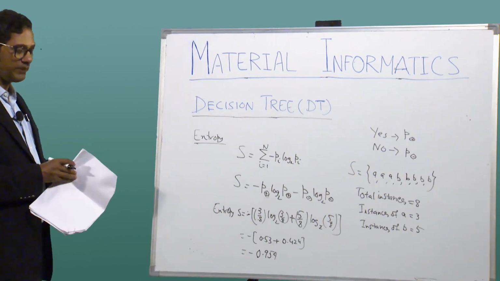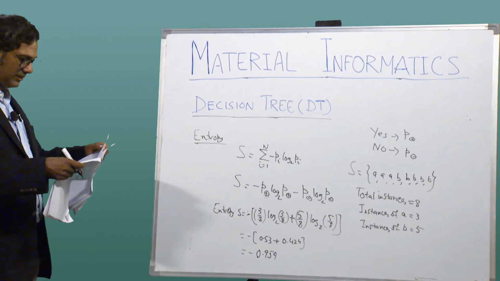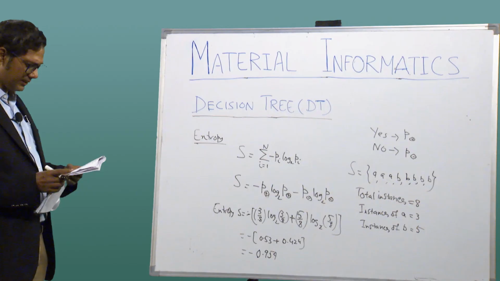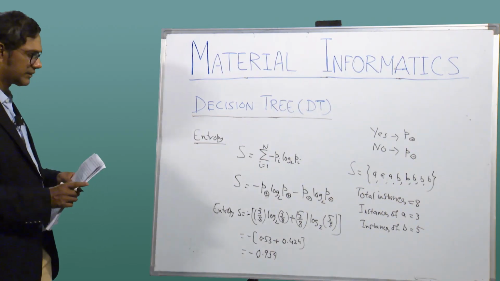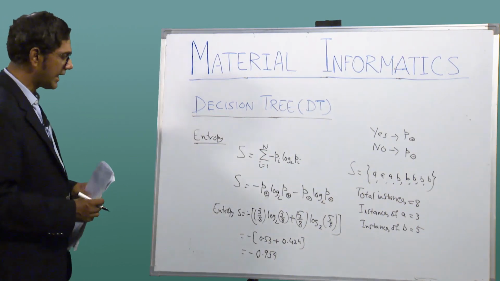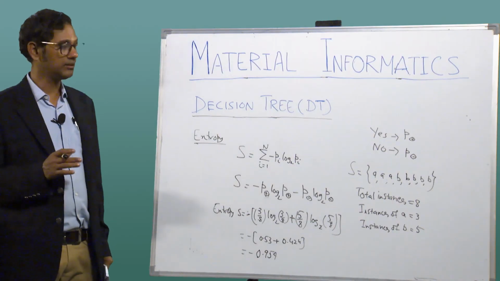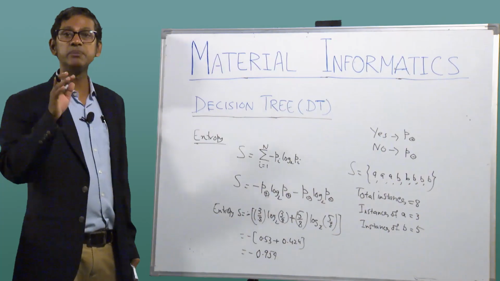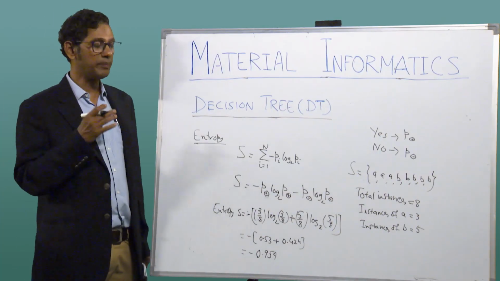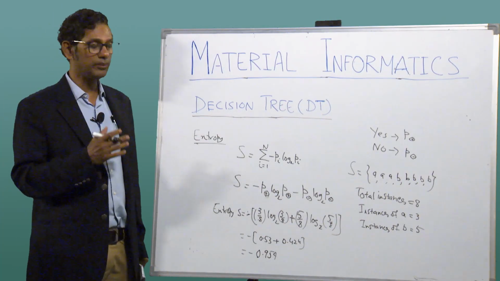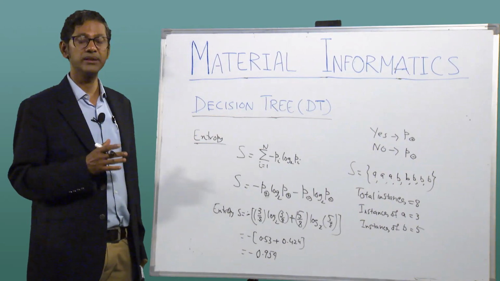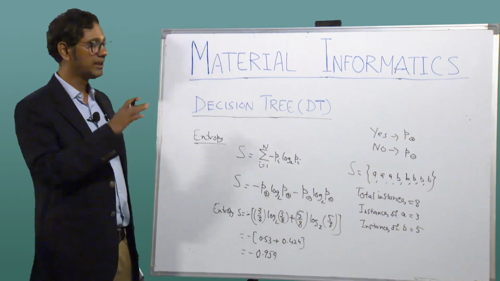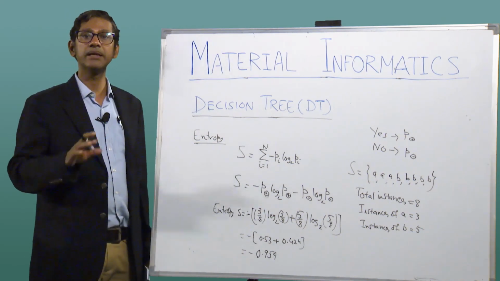So, what does entropy tell you physically, correct? It tells you that after every split, entropy must decrease, right. This S must decrease after every split, then only the splitting is proper. If entropy keeps on increasing, that means your splitting is not proper. This is something you have to understand. Entropy will always decrease as you keep on subdividing the data.